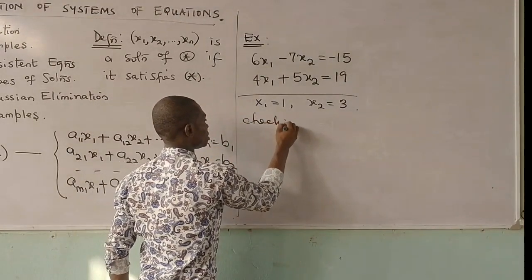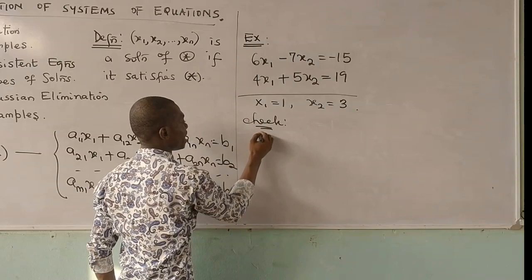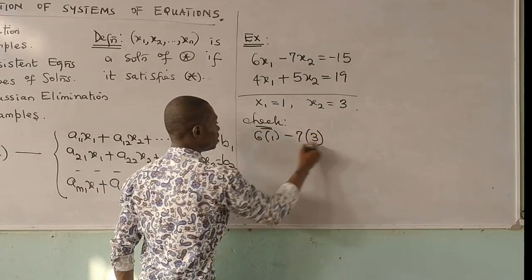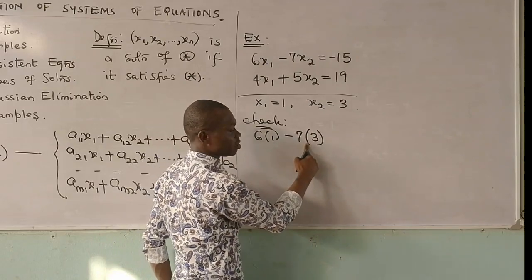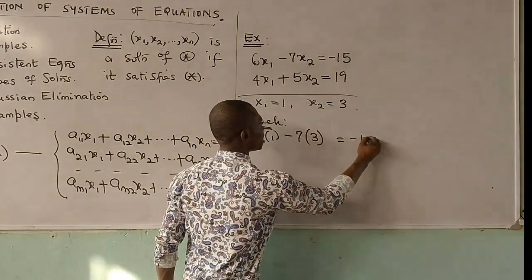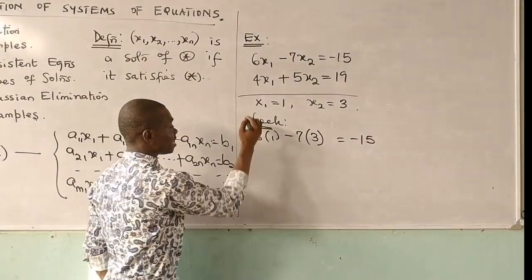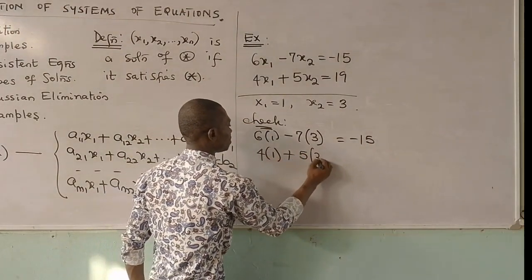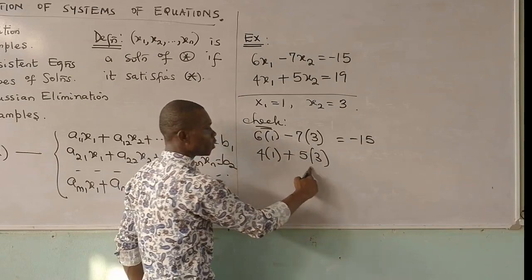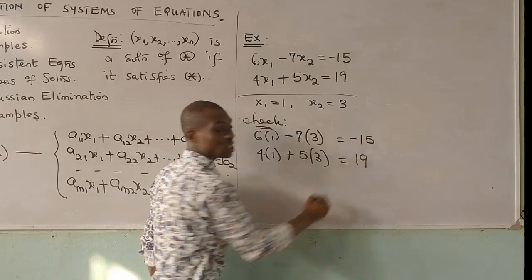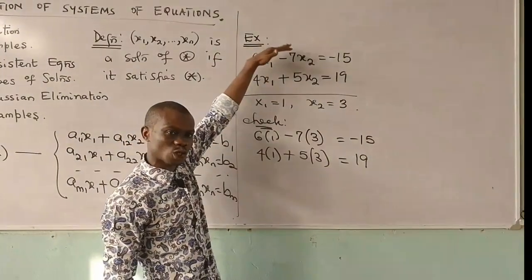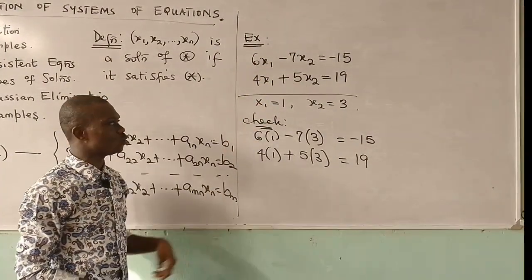If I put my x1 as 1, minus 7 by 3, this is 6 minus 21, that's correct, minus 15. And for equation 2, this will be 5 times 3, which is 4 plus 15, which is also 19. Can you see that this satisfies both equation 1 and equation 2?